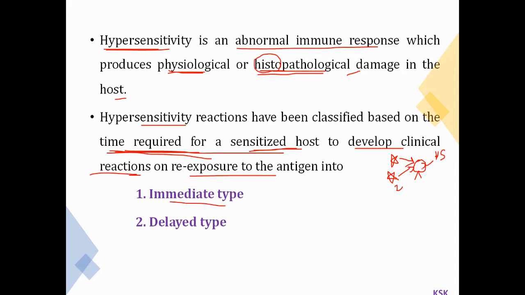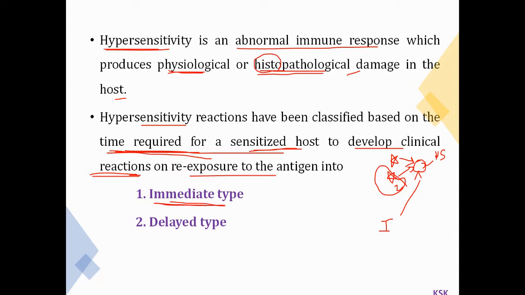Immediate type means that upon re-exposure to the antigen, the person immediately feels the clinical symptoms. If the clinical reactions occur immediately, we say that type of hypersensitivity reaction is known as the immediate type.